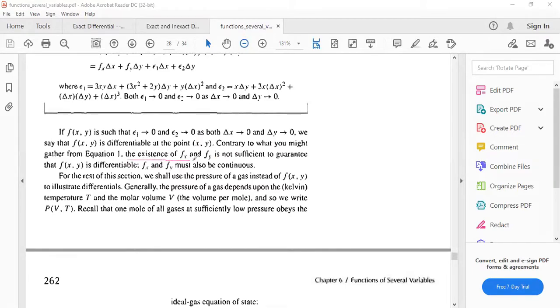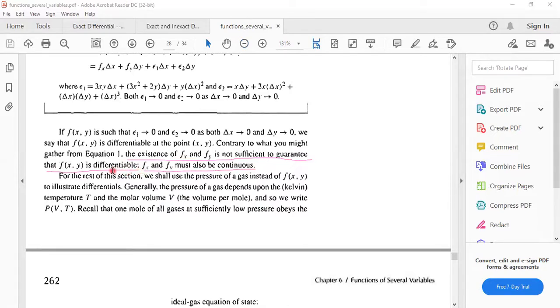The existence of fx and fy is not sufficient to guarantee that f of x y is differentiable. That is, fx and fy must also be continuous. For a function of many variables, the existence of partial derivatives is not sufficient to guarantee that the function is differentiable.